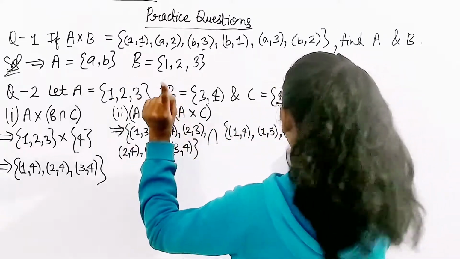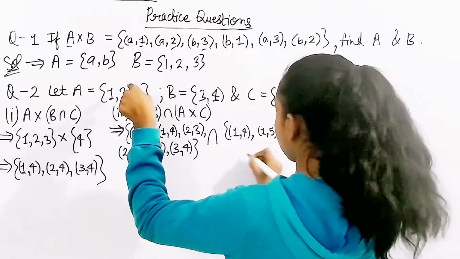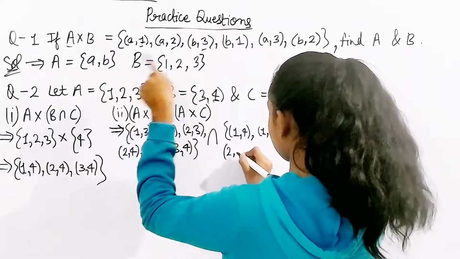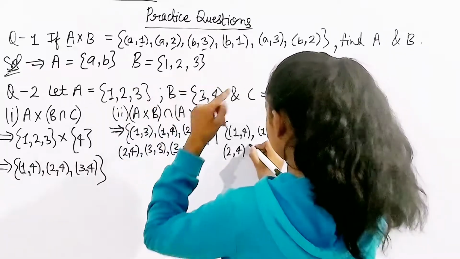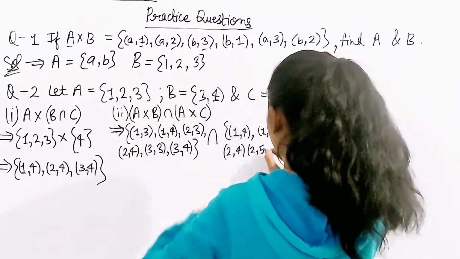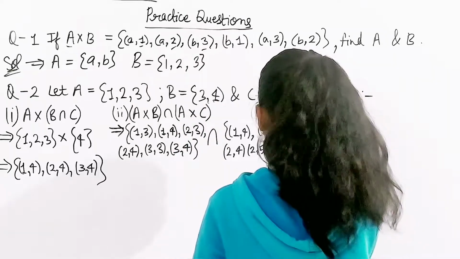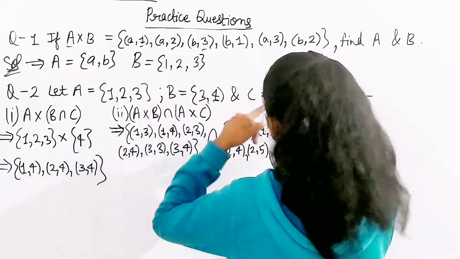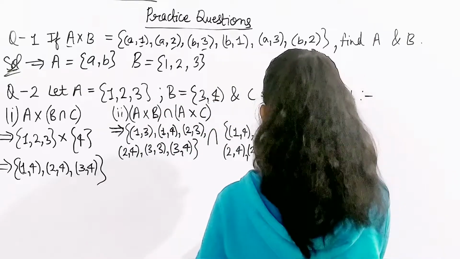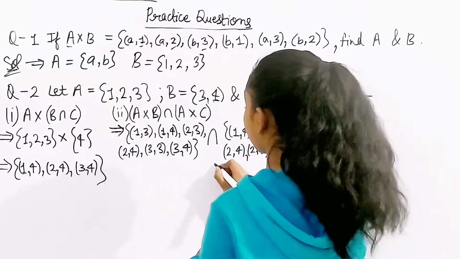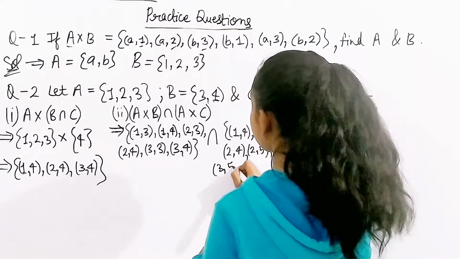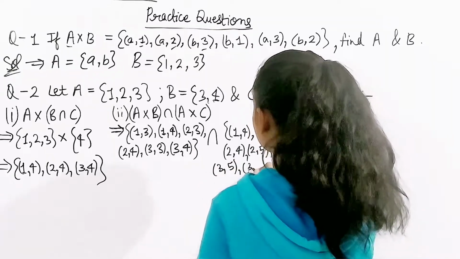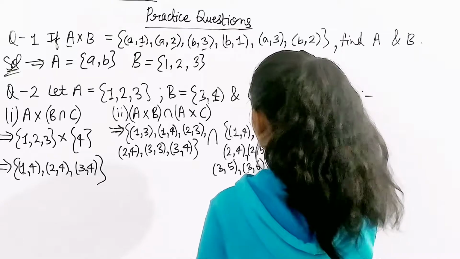One's done. So let's move on to our second. It's 2 to 4, 2 to 5, and 2 to 6. Okay, now 3 to 4. Now 3 to 5, and then 3 to 6.